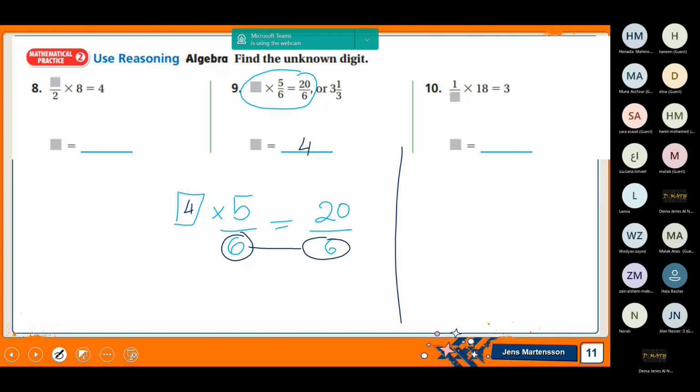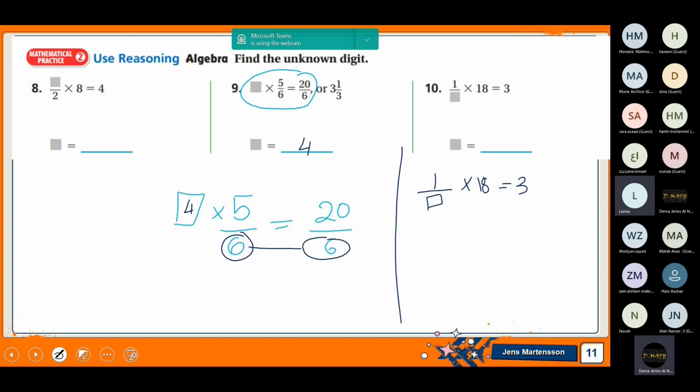Lamia. Here we have 1 over something multiplied by 18 gives you 3. When you multiply a whole number by a fraction, do you multiply the whole number by the numerator or denominator? Numerator, bravo.